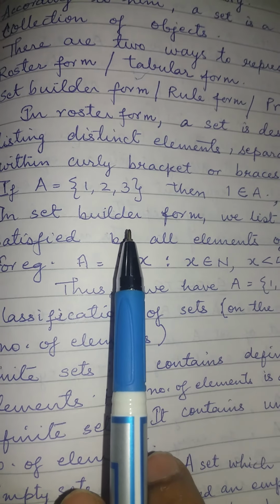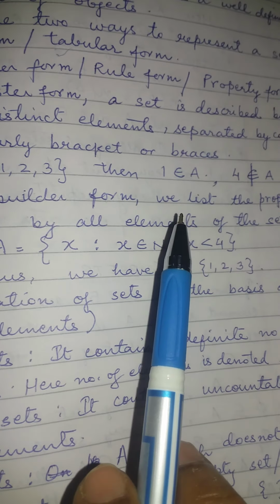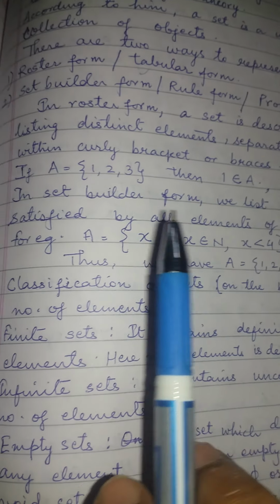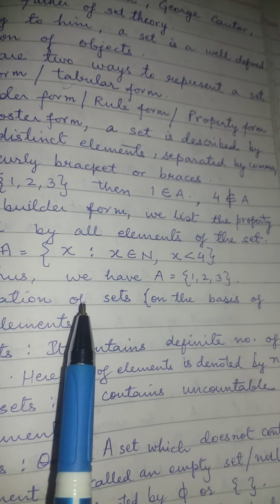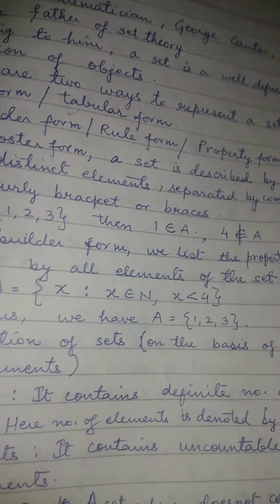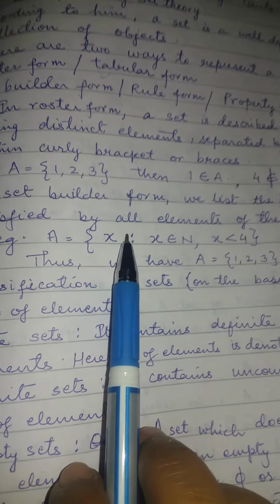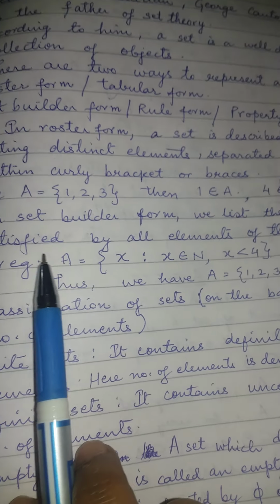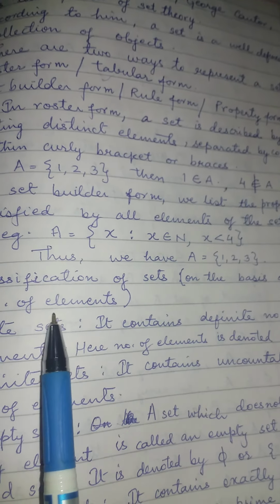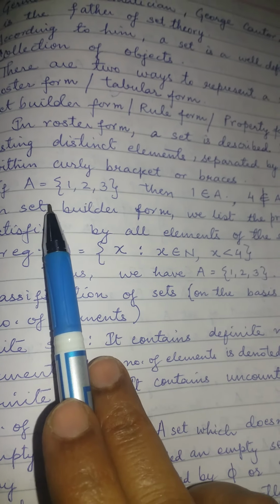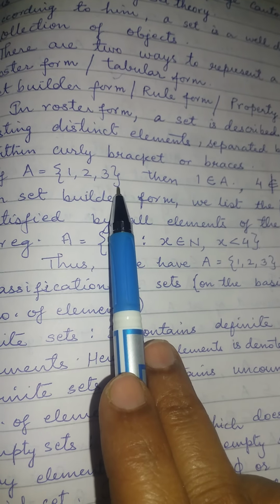Second one is set builder form. In set builder form, we list the property satisfied by all elements of the set. It means it characterizes the property which is satisfied by every element of the set. Like for example, A is equal to {1, 2, 3} I have taken.